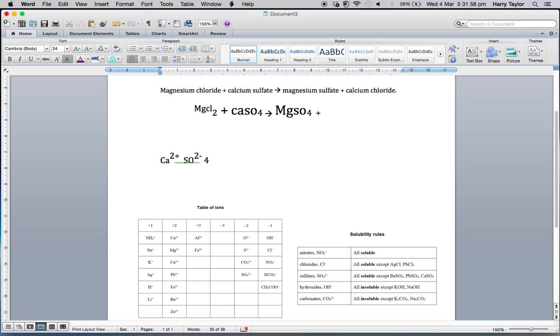So now your calcium, so it's Ca, calcium chloride, and calcium is 2 plus. So you need to do the same as with the magnesium chloride, and the chloride is minus. So you need 2 chlorides to make the calcium balance.